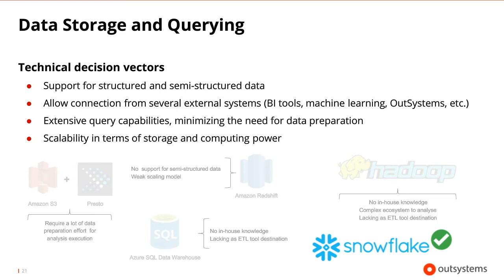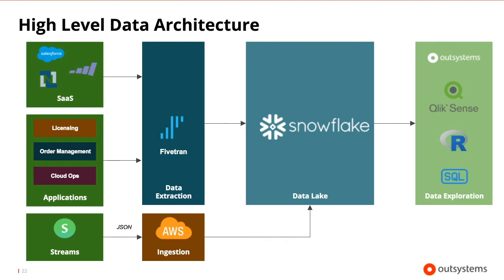So today, we have a very similar approach to what we had initially, but we have offloaded both the data extraction and the data repository and exploration to FiveStrand and Snowflake. So for all of our SaaS systems, the information is being collected through FiveStrand.